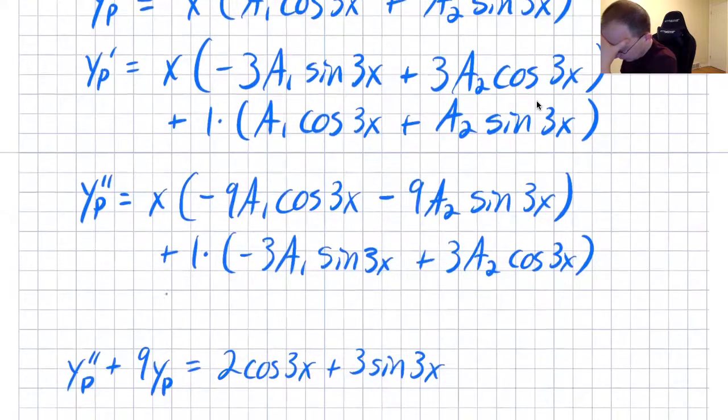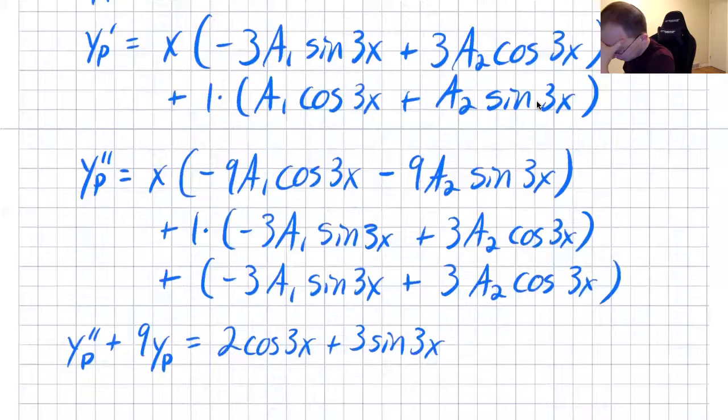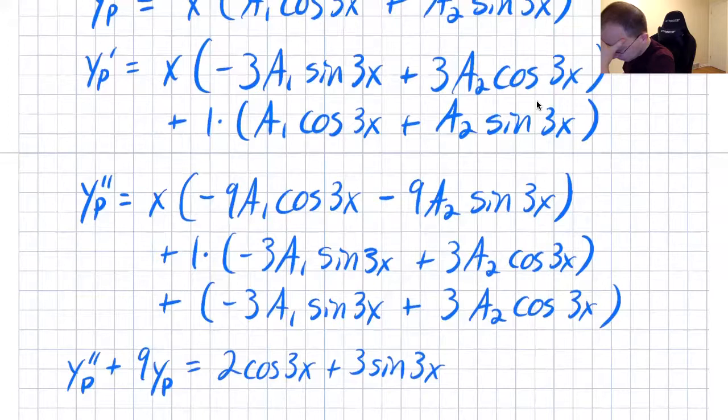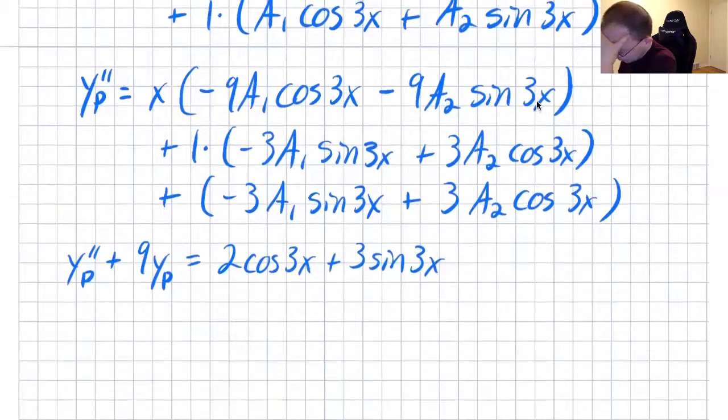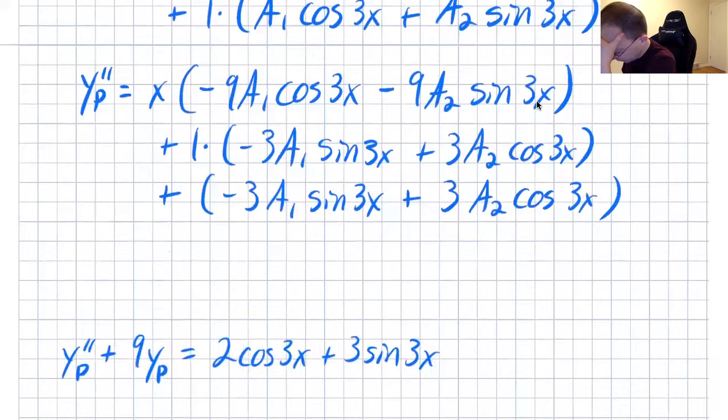And then I need to take the derivative of this last term. That'll give me a negative 3a1 sine 3x and a 3a2 cosine 3x. Did I do that right? I think so. I think that's okay. But this thing we should definitely simplify before we substitute it in.